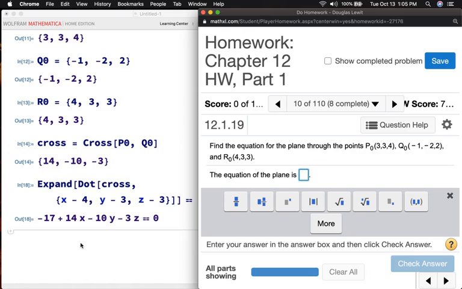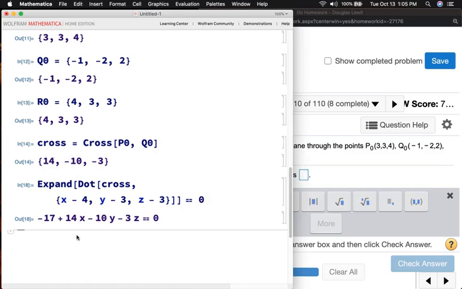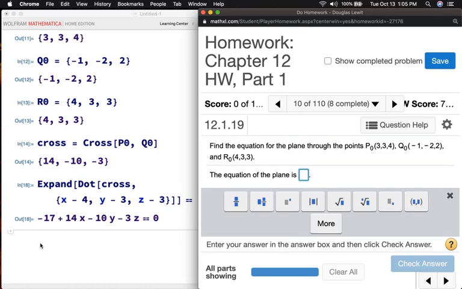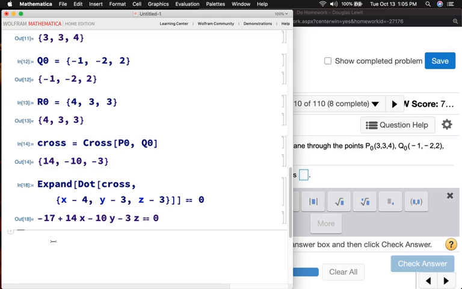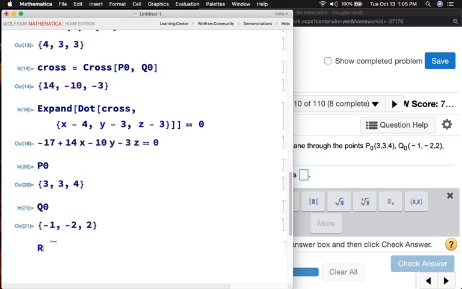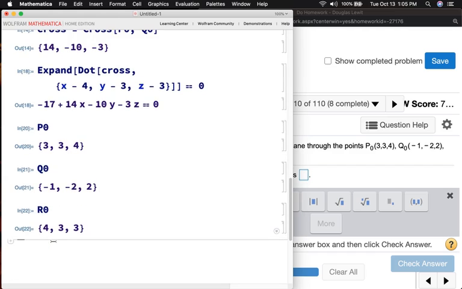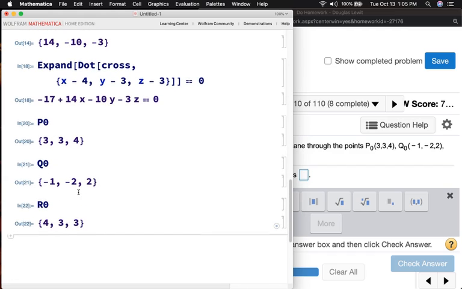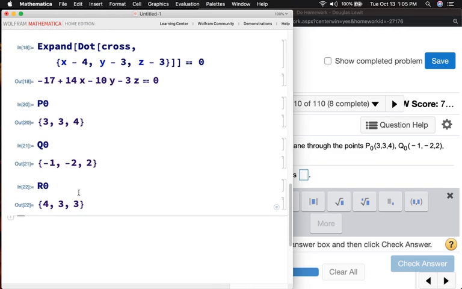I'm glad I'm working on this problem. See, teachers make mistakes too. These are my 3 points. Okay, these are points. They're not really vectors.